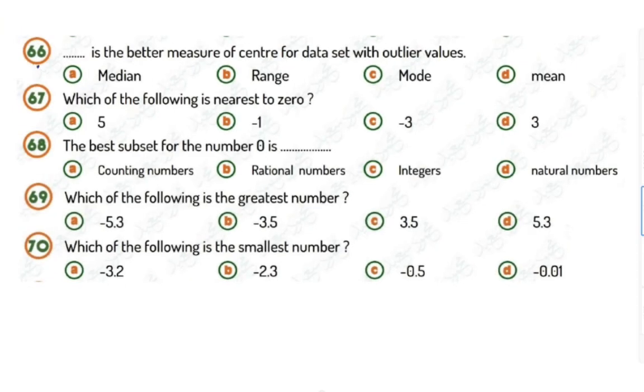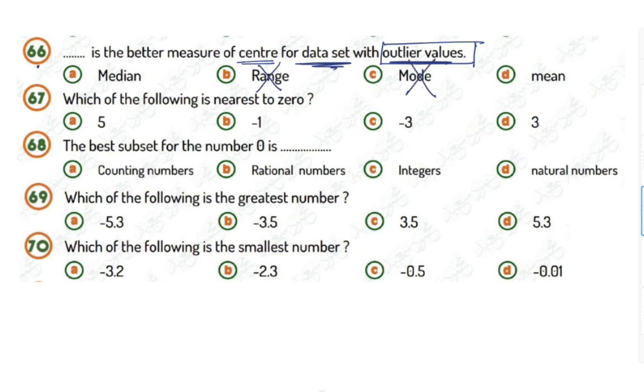66. Blank is the better measure of center for a data set with outlier values. Now you have some data with an outlier. Of course, when you have an outlier, use what? We need to find the center. So range, of course not.